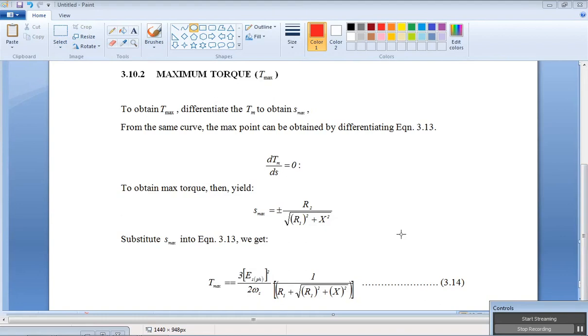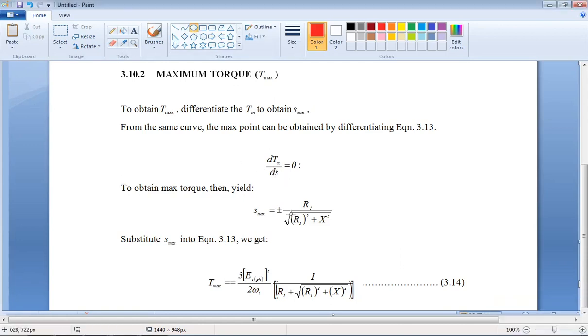To calculate the maximum torque, we will use the equation of mechanical torque that we have derived just now. We have two methods to calculate the maximum torque. The first method is by calculating first the value of maximum slip by using this equation.